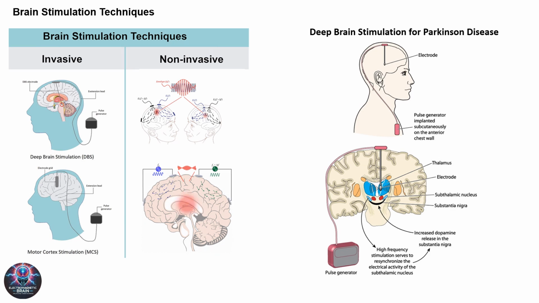Unlike traditional DBS, RNS systems are designed to adapt based on the patient's unique brain patterns, offering a personalized approach to treating neurological disorders. These technologies are the future of closed-loop systems, where the brain and implant communicate directly to optimize therapy. This real-time adjustment provides a tailored treatment experience, which is particularly valuable for conditions that require dynamic modulation of brain activity.